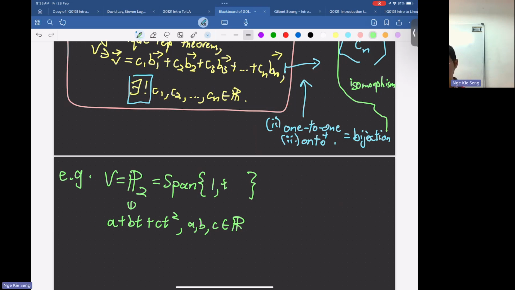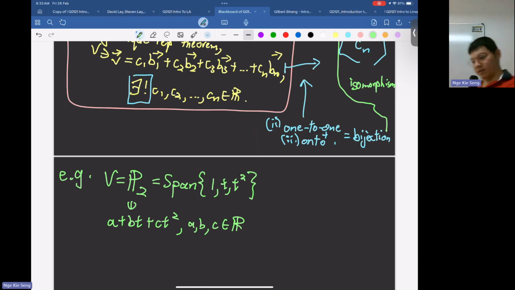This is a very natural choice to pick. But now I'm going to show that these are actually bases. Span is easy to see. But why is it linearly independent?